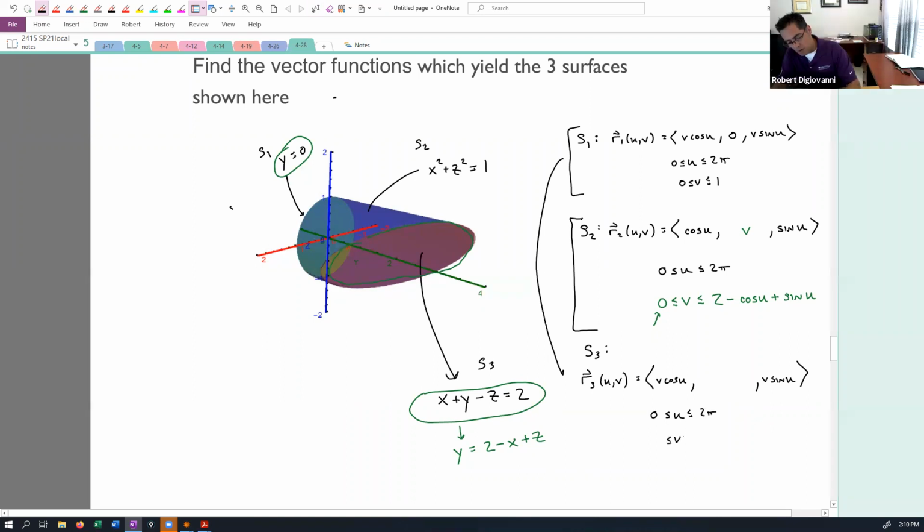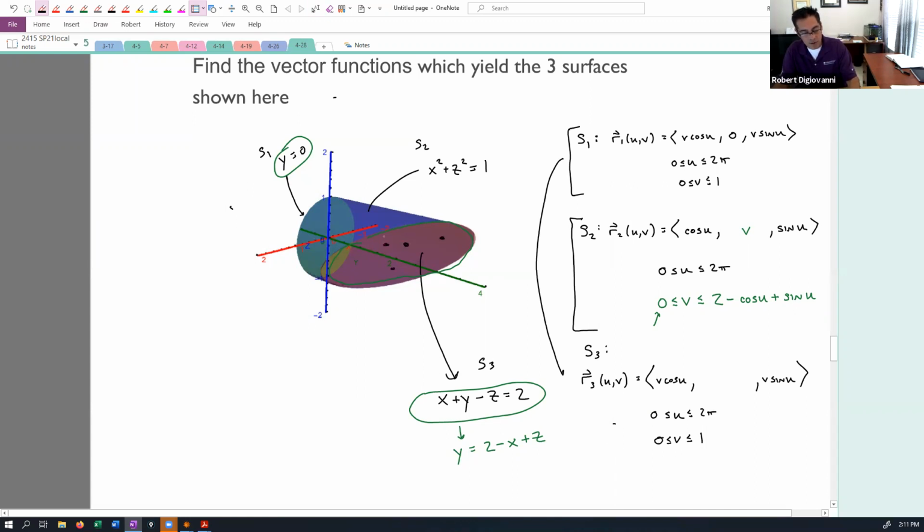Yeah, our limits of integration, our restrictions on u and v here, cannot change. If we're still going to draw that disk in the xz plane, we still have to stick with these limits on u and v, which means that this right here can't just be v. It has to be, where exactly will you be? Like, what point do you want to be at? You want to be somewhere on the surface, right? On it.